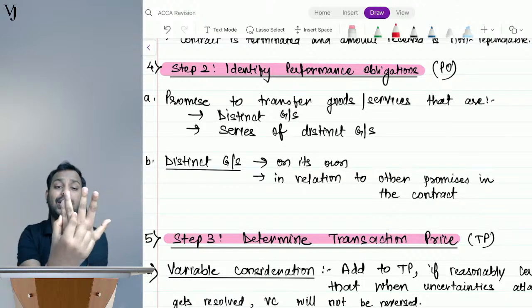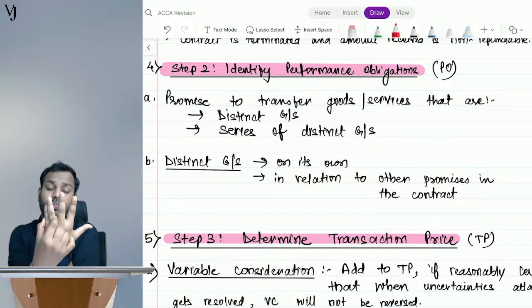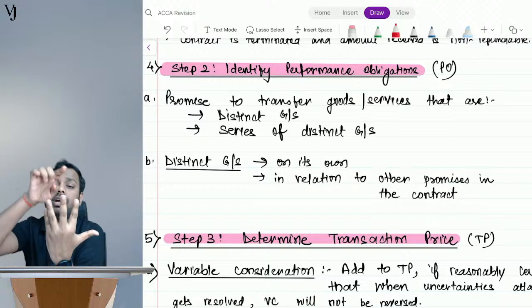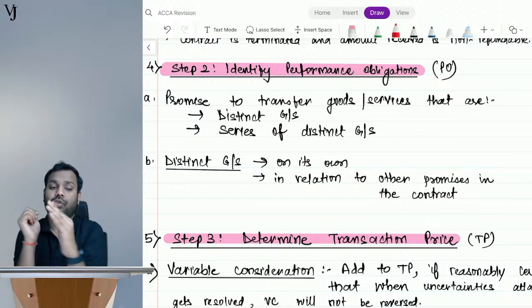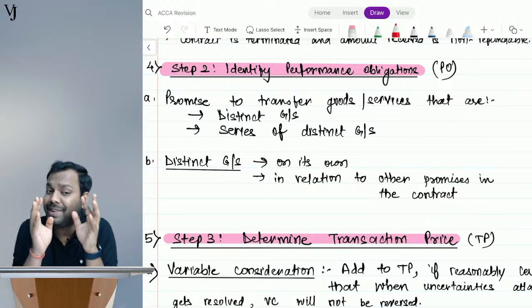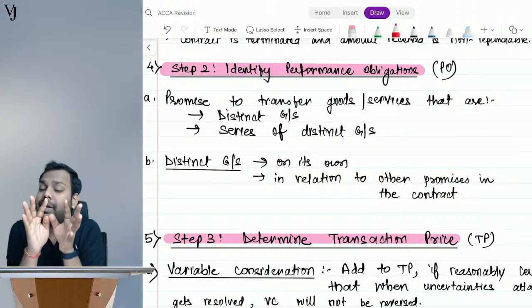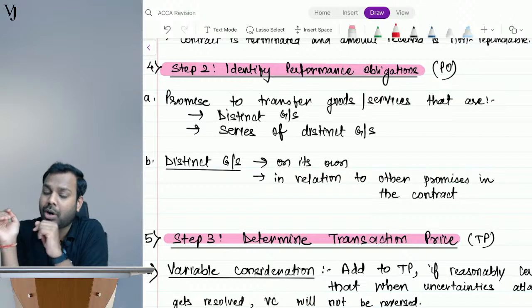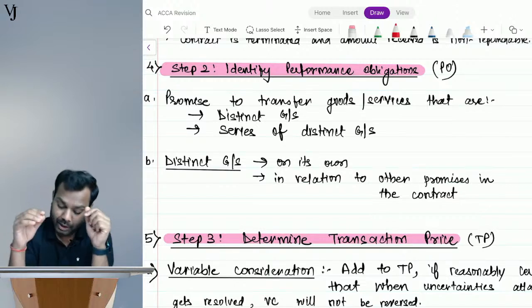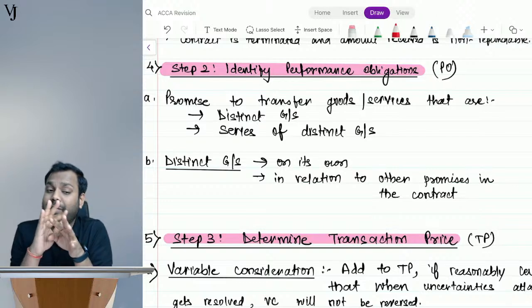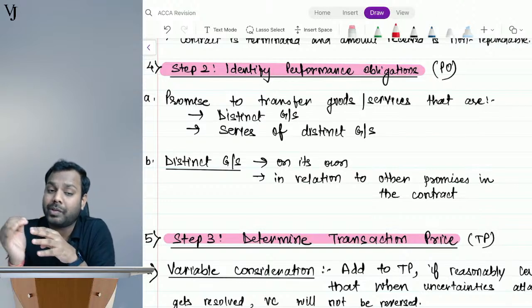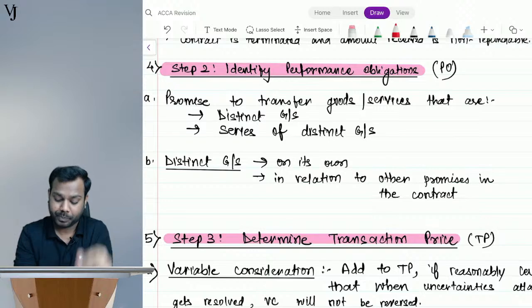I will bundle these two. And now how many performance obligations? 1, 2 and 3 rather than 4. So what I have to see is: distinct on its own and distinct in relation to other promises in the contract. You have to remember these 2 terms, guys.